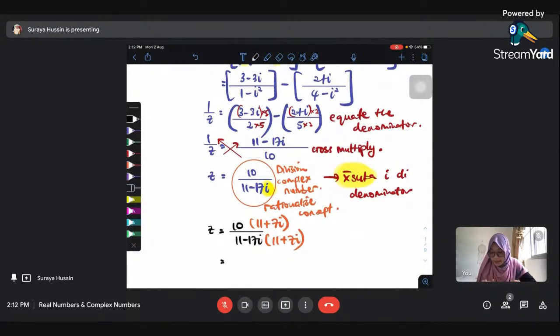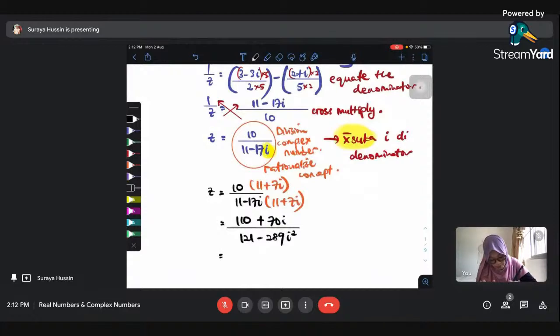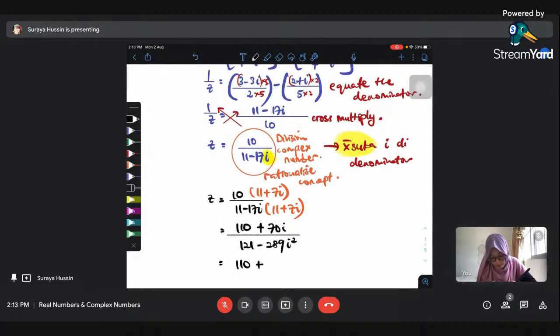You will get 121 minus 289i squared. Therefore, 110 plus 17, sorry, 17.